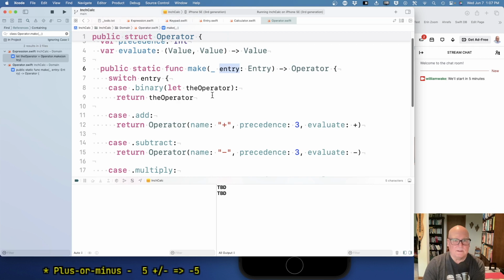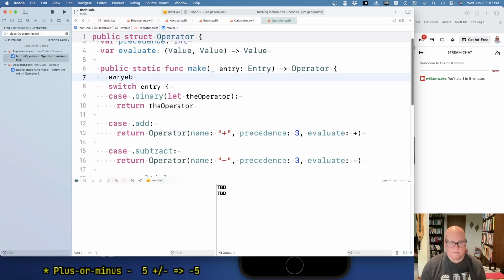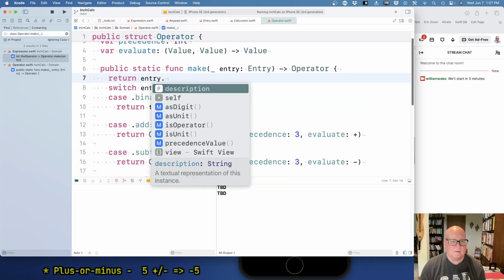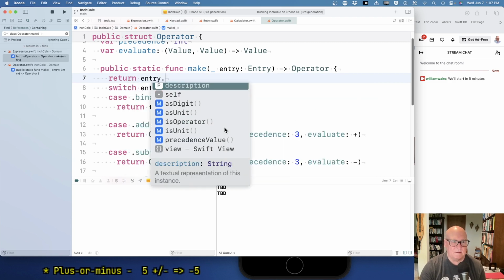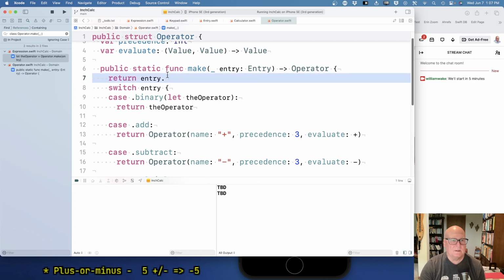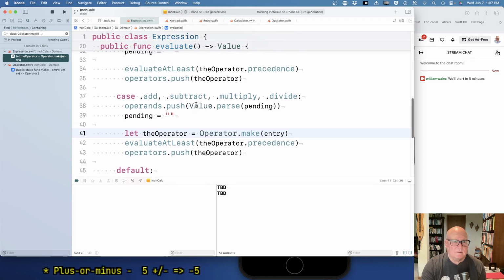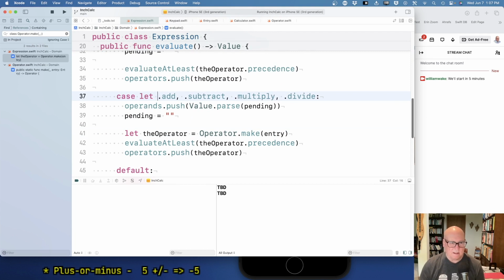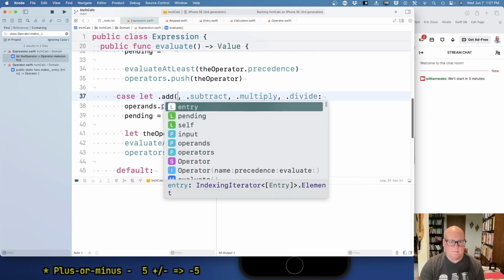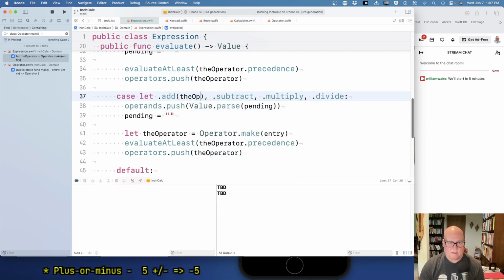I think for all of these, we could say, well, no, I guess we're going to have to. Here's the call. Oh, yeah, this is what we tried before. We wanted to say let the operator.